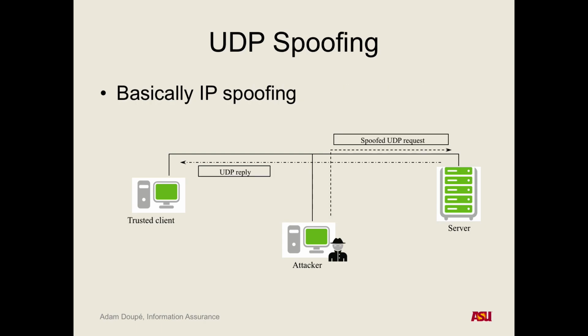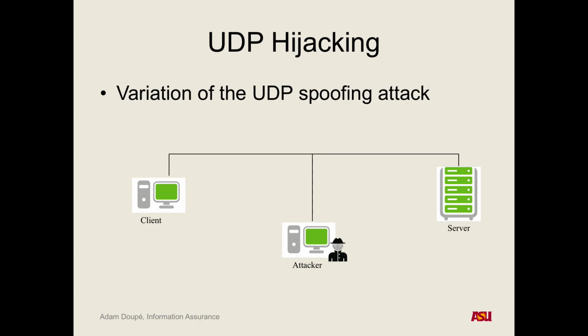But just like with IP spoofing, we can do UDP hijacking. If we know of a UDP request that is sent from the client to the server, and we want to spoof it, let's say it's a DNS request.